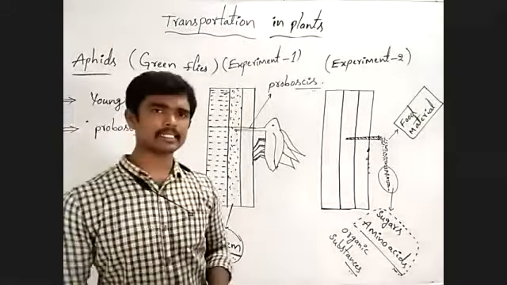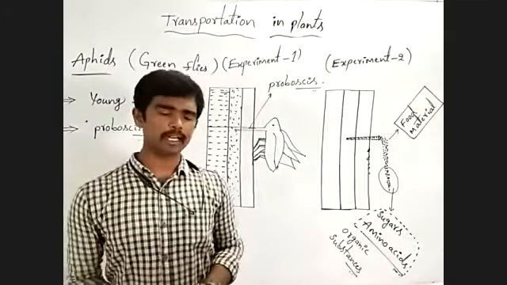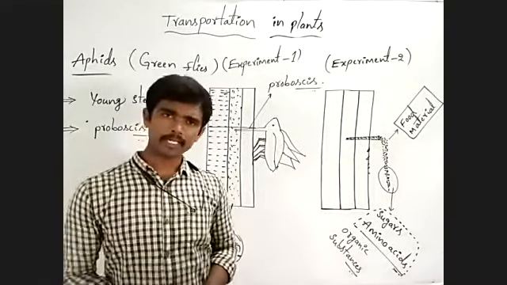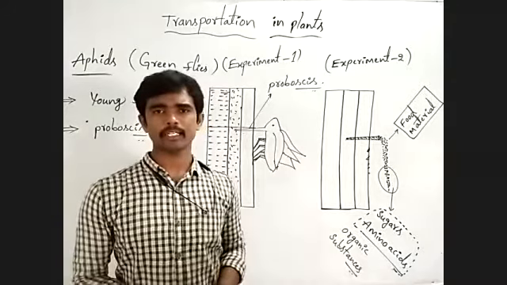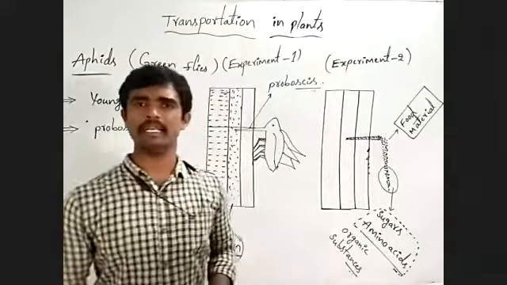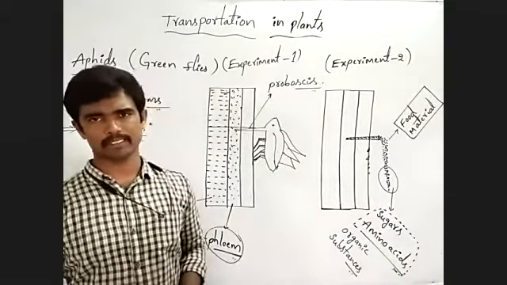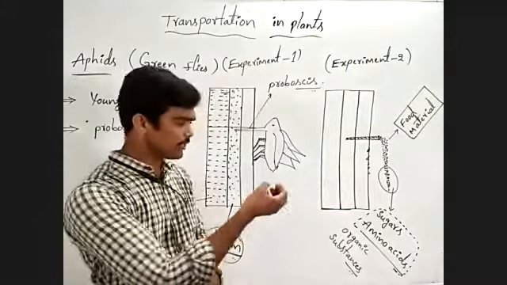They digest and use only a small portion of the absorbed food material. The remaining undigested material is excreted out of the aphid.